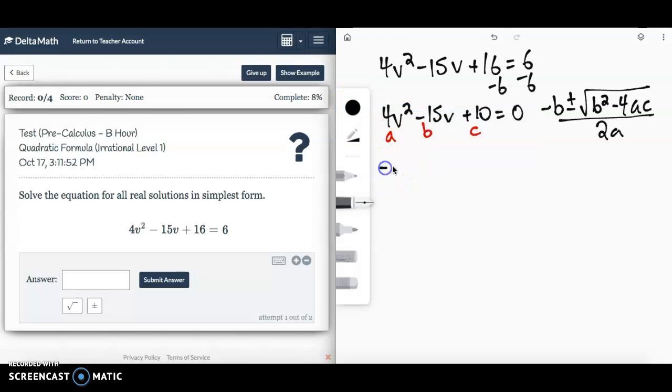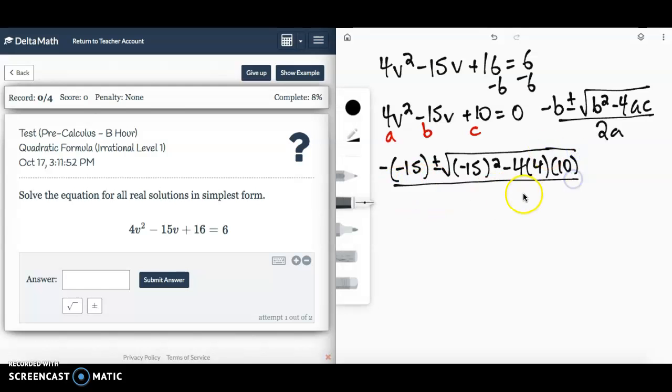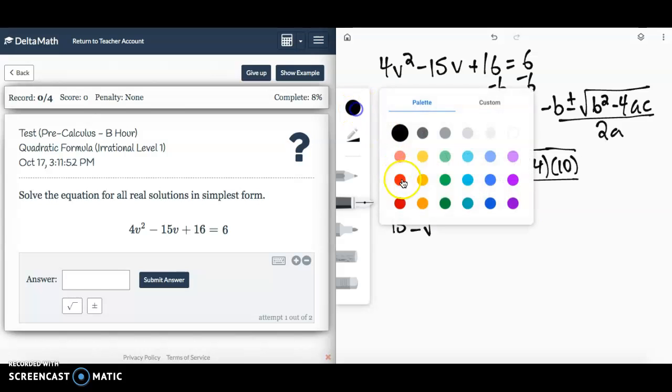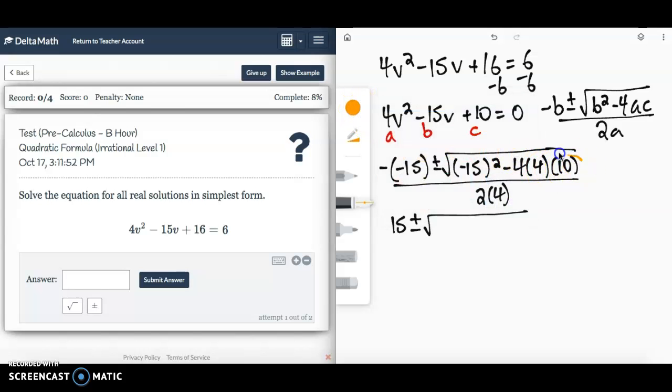So I have negative b plus or minus square root of b squared minus 4 times a times c all over 2 times my a value. All right, negative 15 would just give me 15 plus or minus, and then I'm going to go ahead and stick all of this stuff, leaving the square root alone.